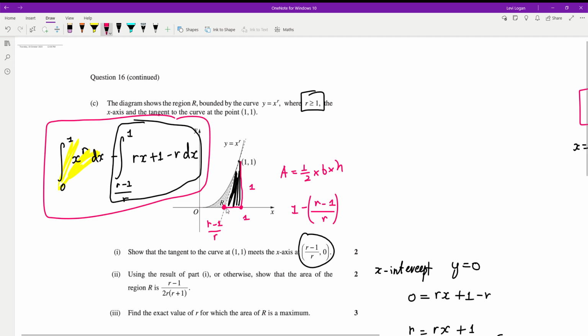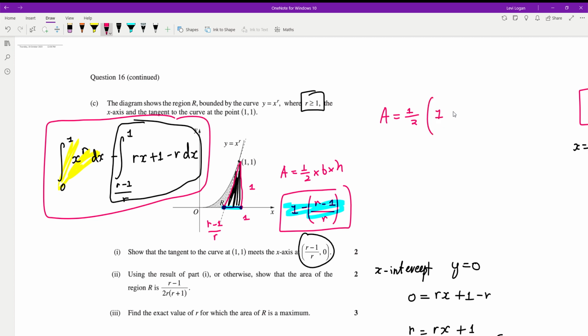The area of this triangle here, so area is going to be a half times the base. So the base is this here. This is the corresponding side length. So it goes a half times 1 minus r minus 1 all on r, multiplied by 1. So just rearrange this.